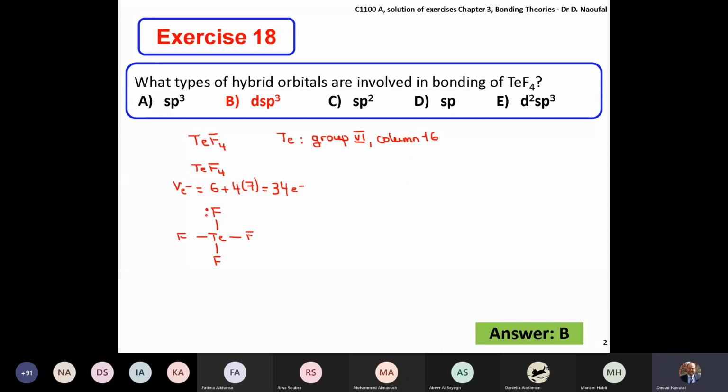So we distributed 24 on the outer atoms, this is 6 times 4, 24. So we have another 2 electrons on Te.